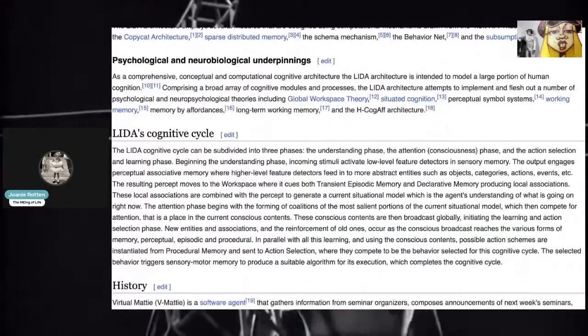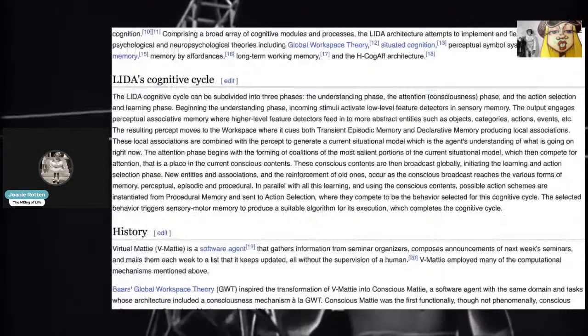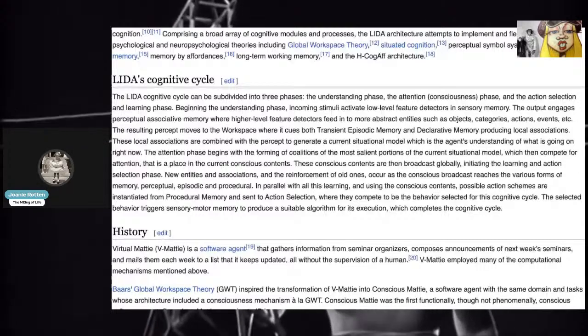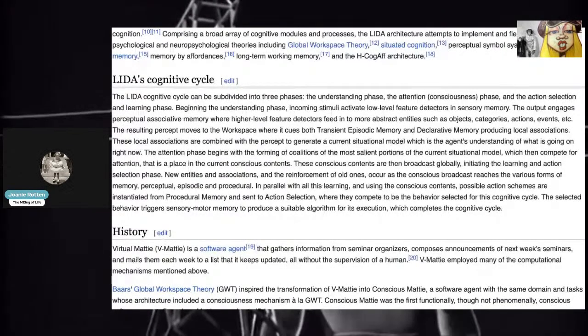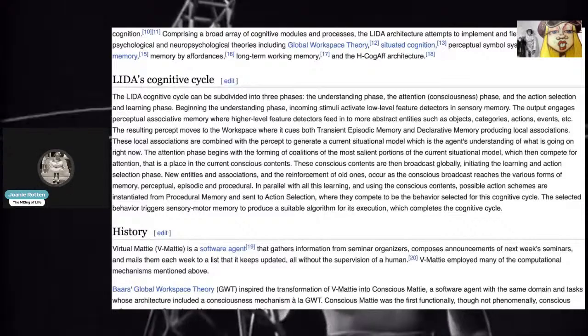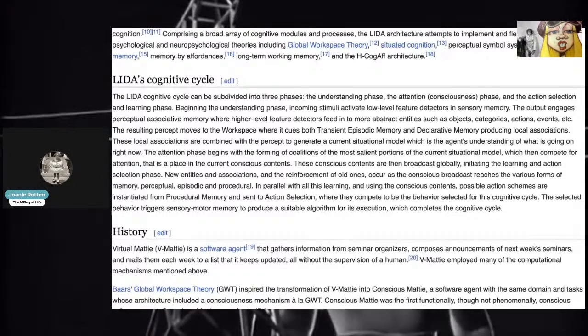LIDA's cognitive cycle. The LIDA cognitive cycle can be subdivided into three phases. There's the understanding phase, the attention or consciousness phase, and the action selection and learning phase. Beginning the understanding phase, incoming stimuli activate low-level feature detectors in sensory memory.